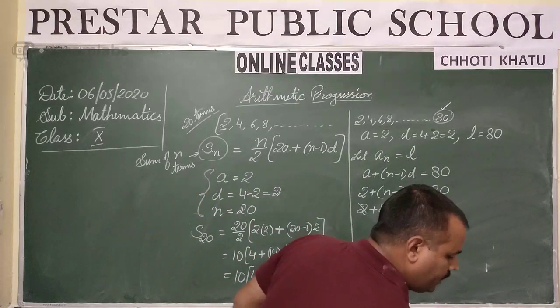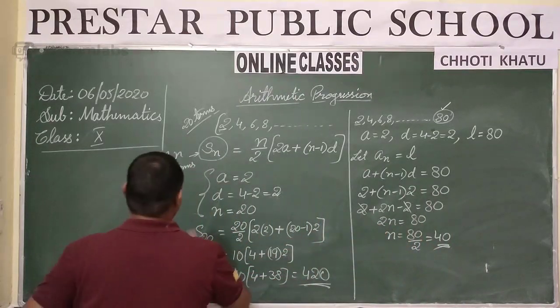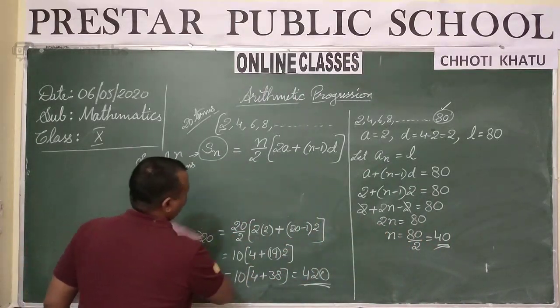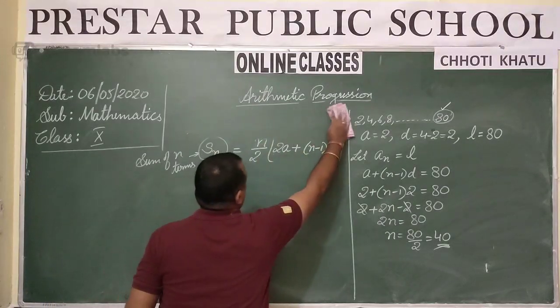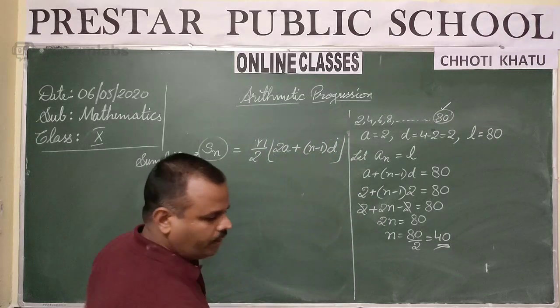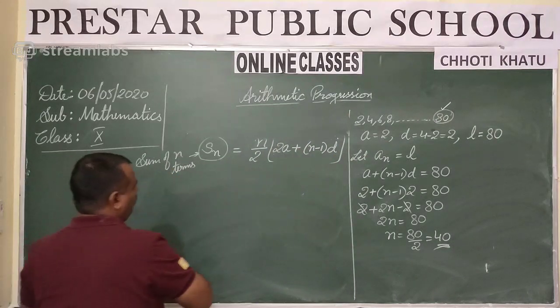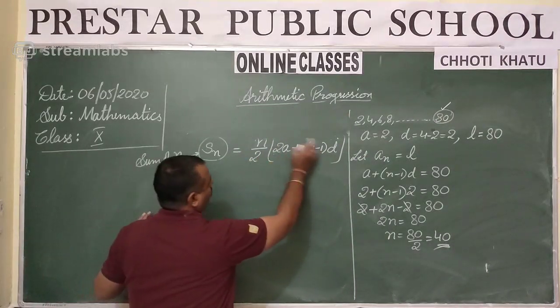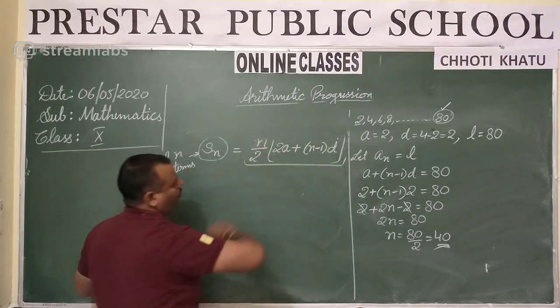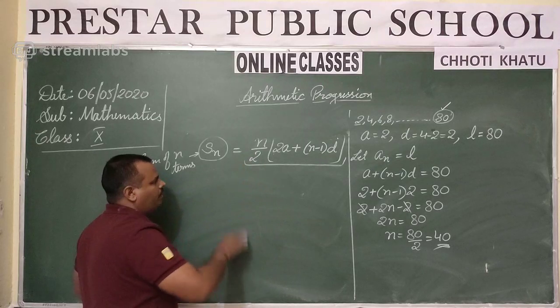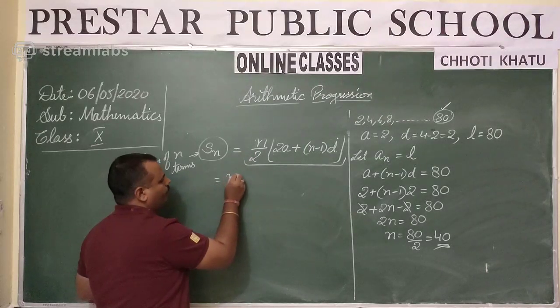Now, the easiest one, other than this, the second thing which you can do. I am talking about that same AP. If you see here, this expression of the sum of n terms, I'll just expand it.